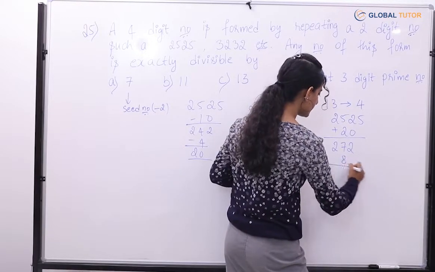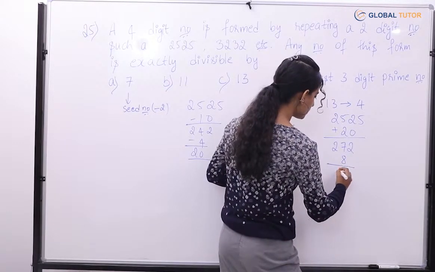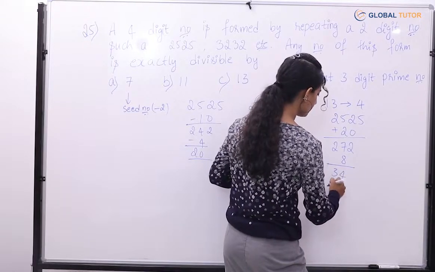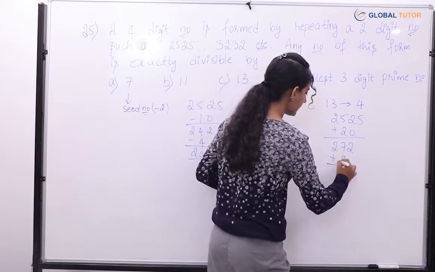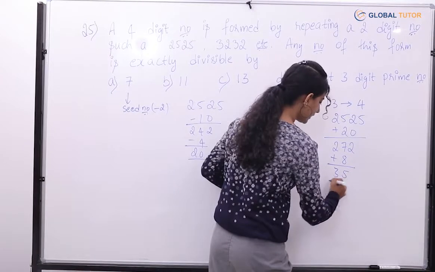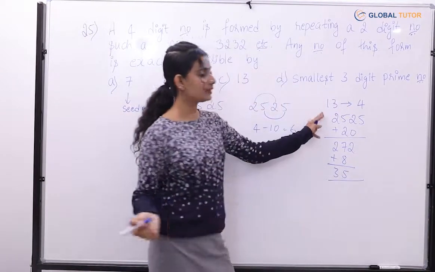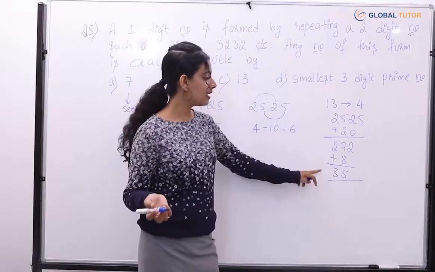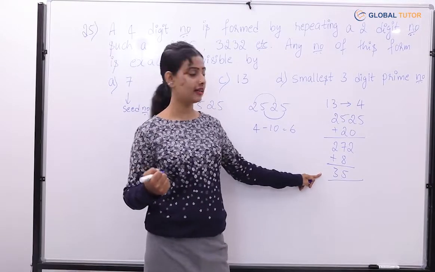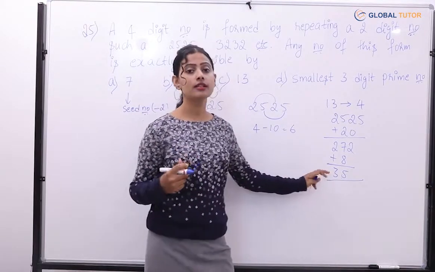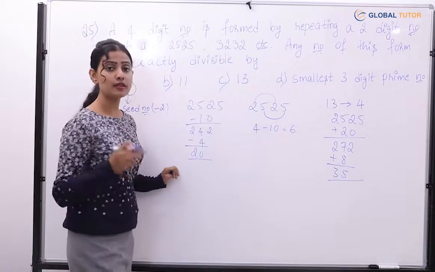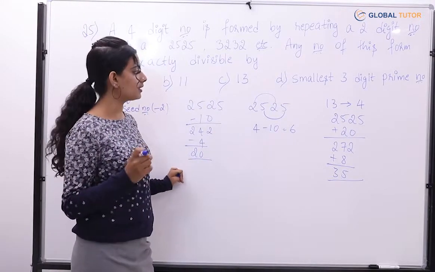So, you add 27 and then 8. So, 27 plus 8 is 35. Right? Is 35 divisible by 13? No, because 13 3s are 39 and we've got 35 here. So, even option C is not the correct answer.